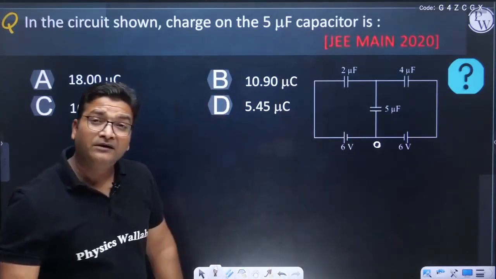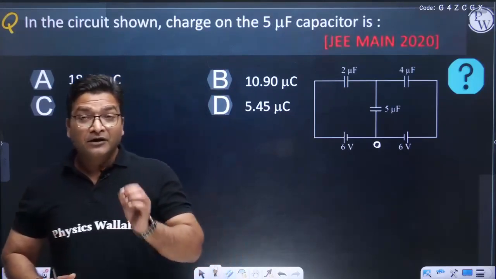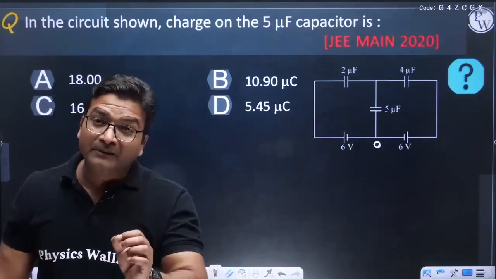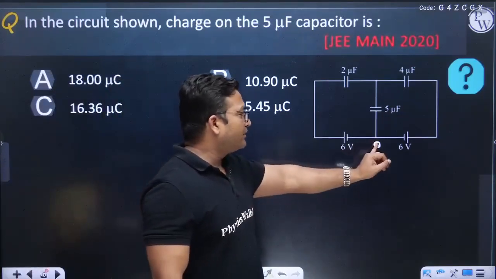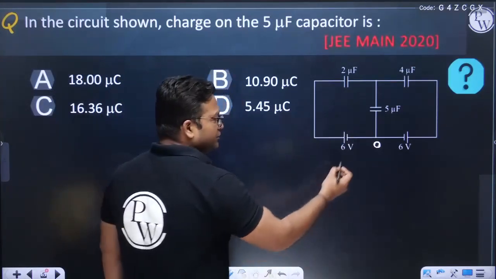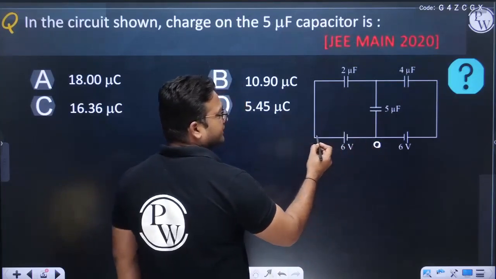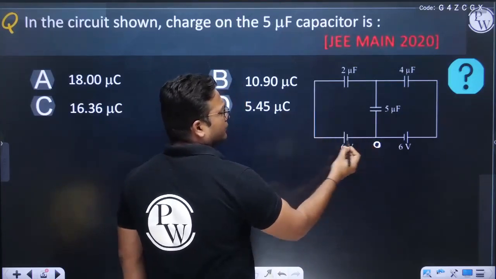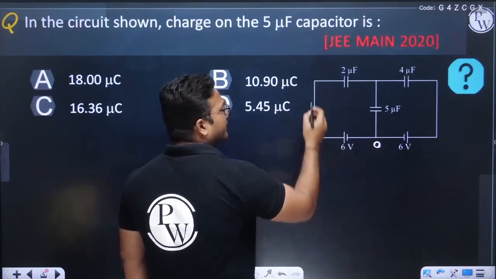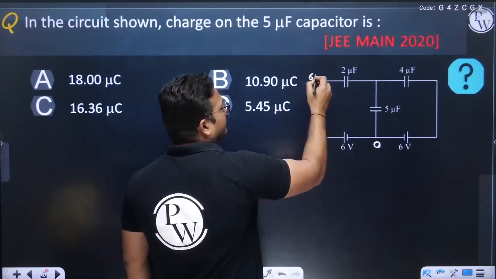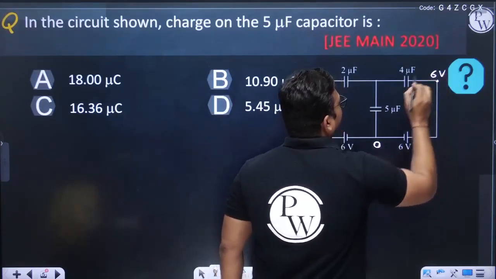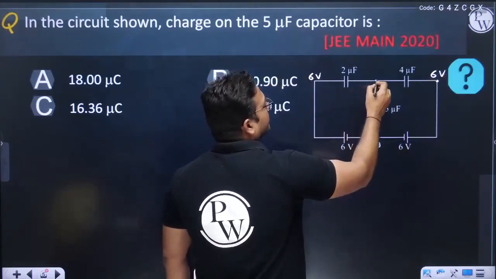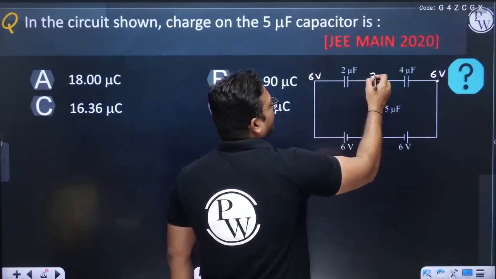I think you remember we have the freedom to choose the potential of one point as 0 in any circuit. If the potential of this point is 0, move in this direction and you're crossing this battery, so the potential at this point would be 6 volt. Similarly, the potential at this point would be 6 volt. And here, let us assume the potential is X.